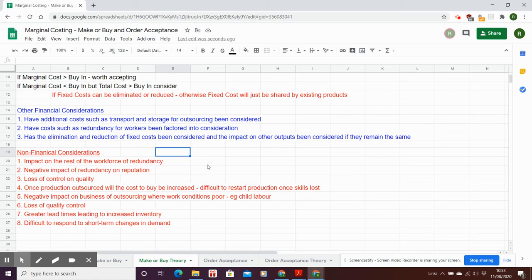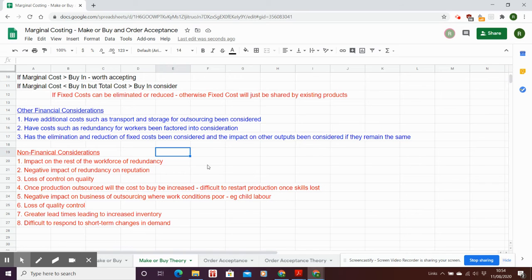And there's also some non-financial considerations that in reality could become serious financial considerations for a business. So if we make some workers redundant because we're outsourcing, then what's going to be the impact on the rest of the workforce? Is morale going to fall? Are people going to start looking for new jobs that we don't want to lose?